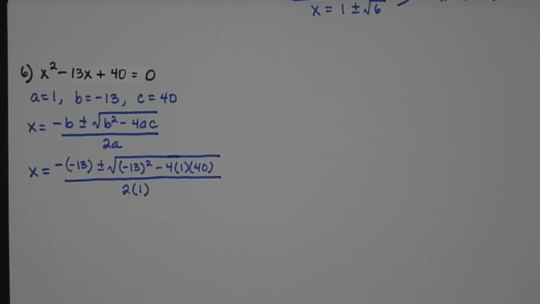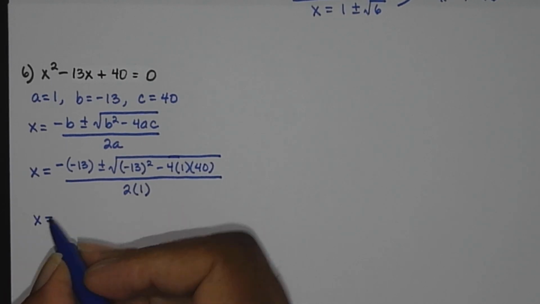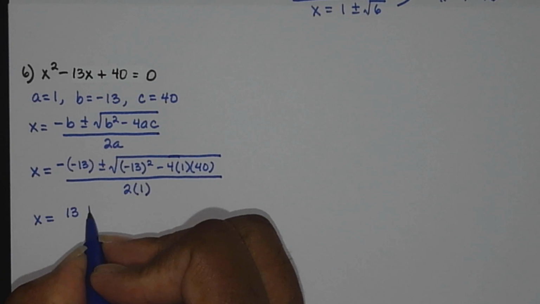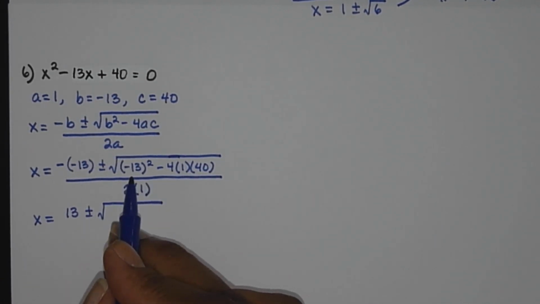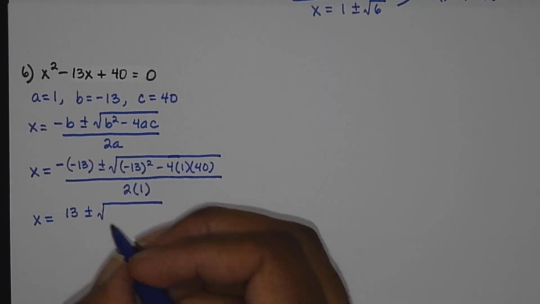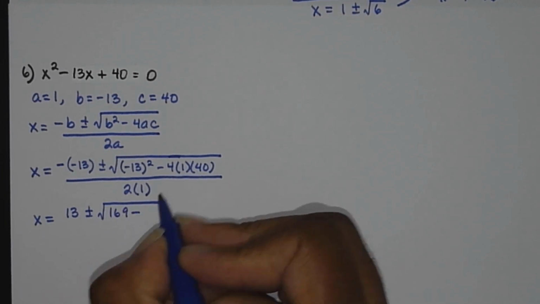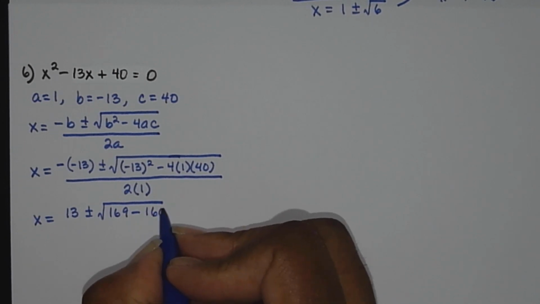And then we simplify the whole thing. So here we're going to have x equal negative of negative 13 is 13, plus or minus the square root of negative 13, and you square it. That'd be negative 13 times negative 13, or 169, minus 4 times 1, which is 4 times 40, that's 160.